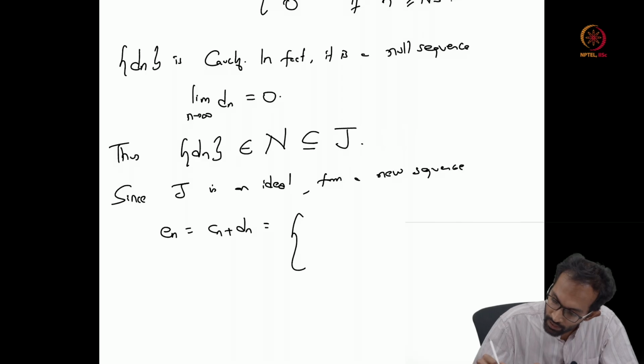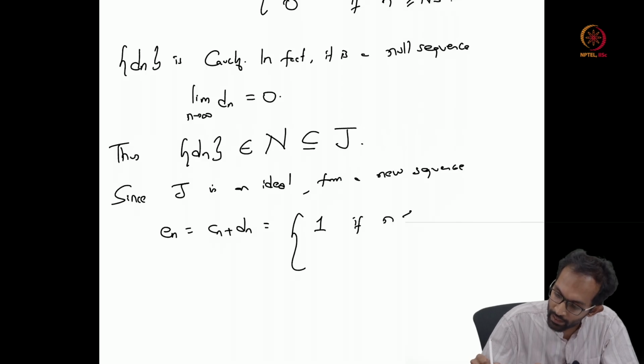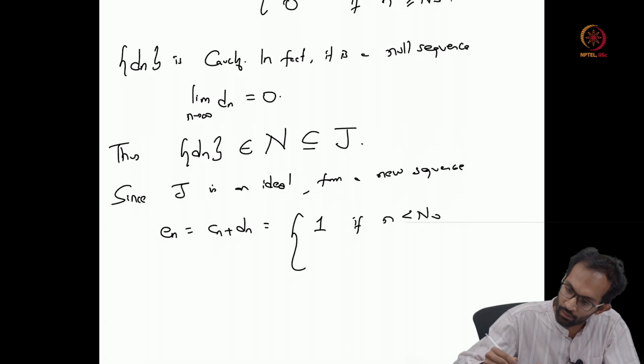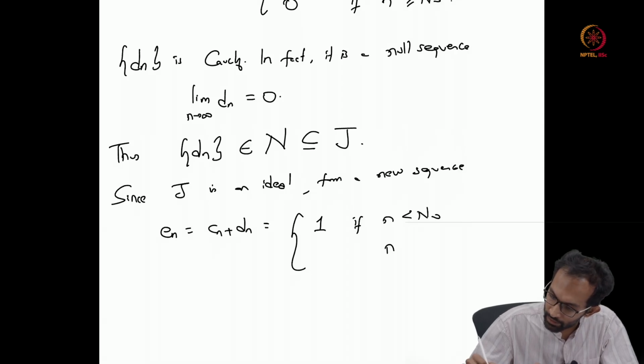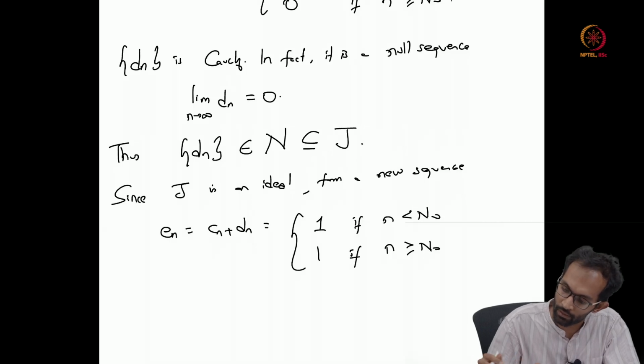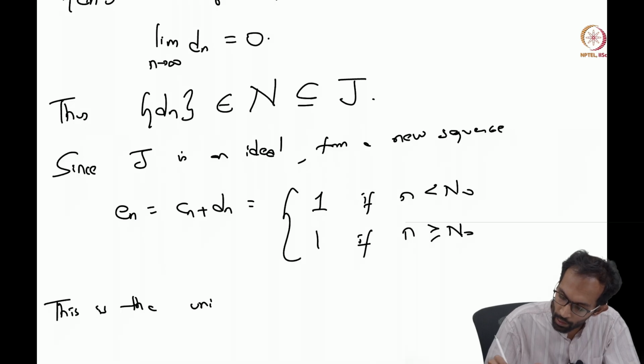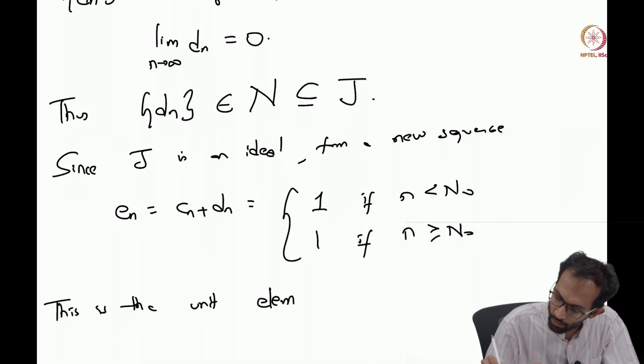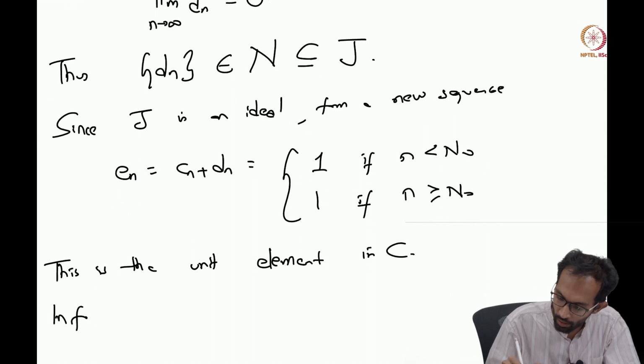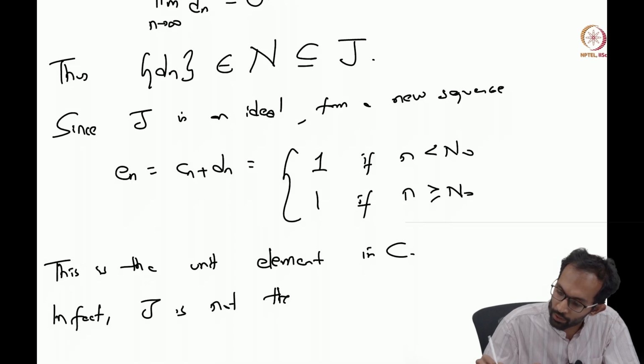So in both cases it's 1. But this is the unit element in C. So in fact J is not a proper ideal.